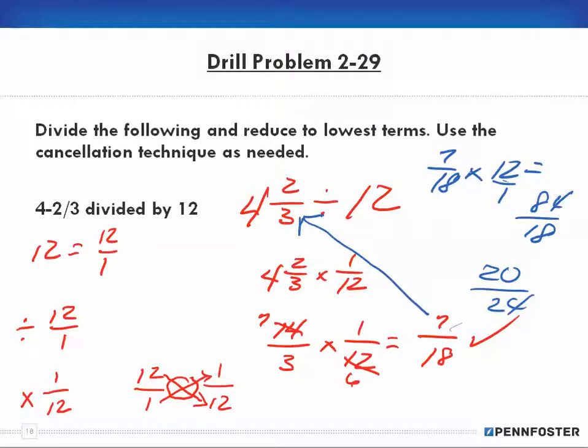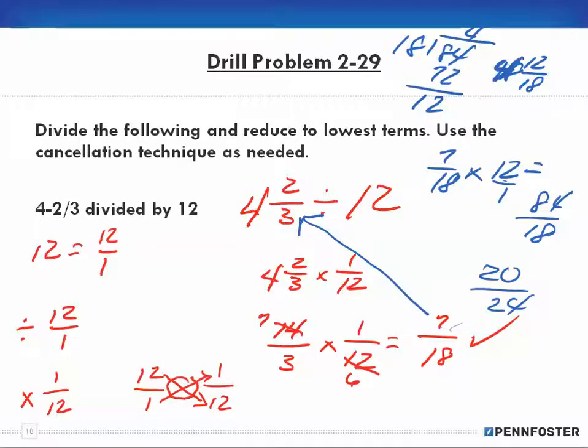And now when I divide 84 by 18, I should get 4. 4 times 8 is 32. Carry my 3, that's 72. And I'm left with 12. All right, so I have 4 and a remainder of 12 over 18. I'm sorry, 4. Sorry about that.